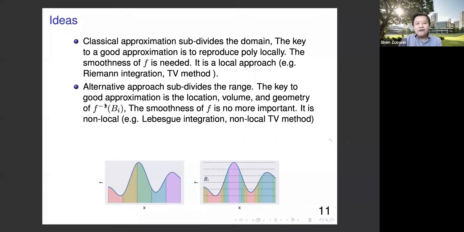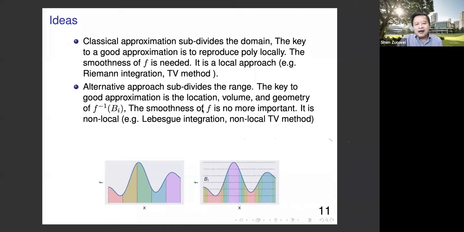If you think about level sets in high dimensional space, the geometry, the location, and the volume, everything plays a role. But if you have something simple, say it's linear, this is very simple. This idea is not the first time I use it. The Riemann integration is the classical one, a subdivision in the domain.